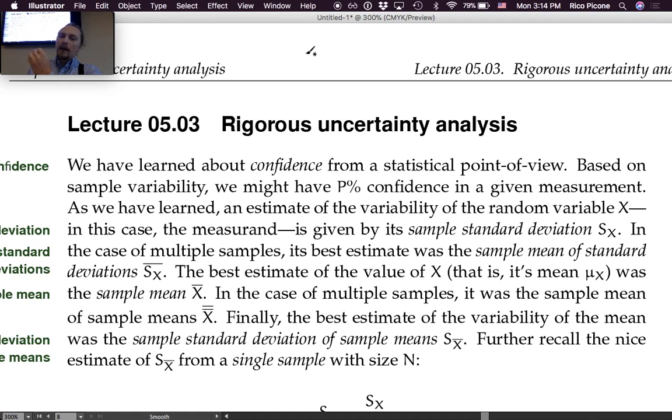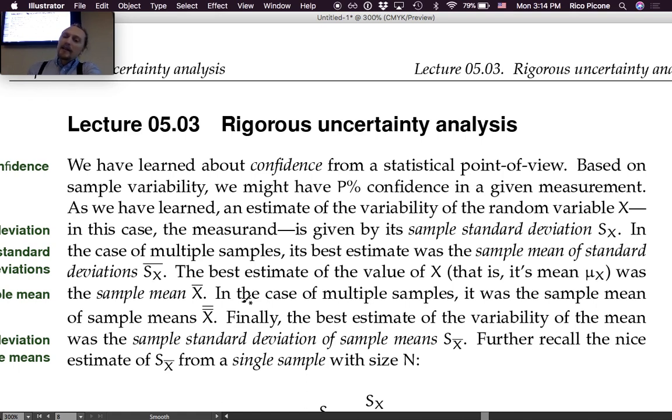In the case of multiple samples, its best estimate was the sample mean of standard deviations. The best estimate of the value of x, that is, its mean, mu x, was the sample mean, x bar. In the case of multiple samples, it was the sample mean of sample means, x double bar.